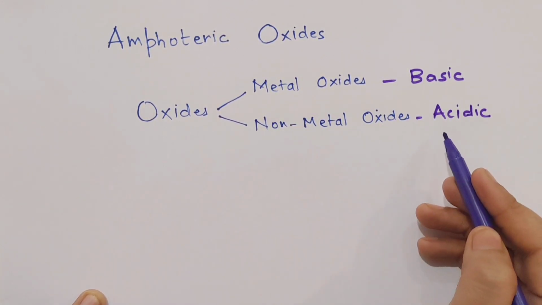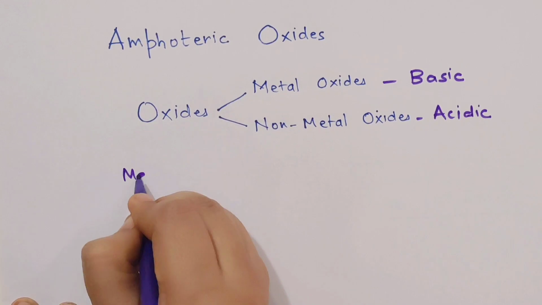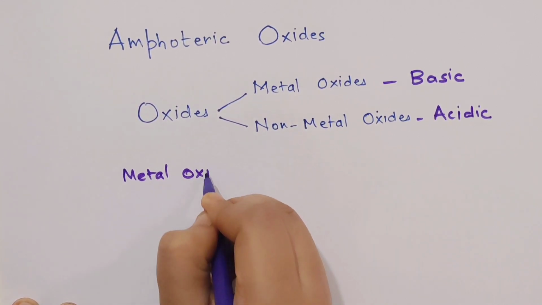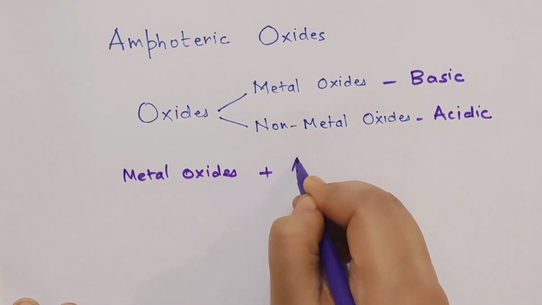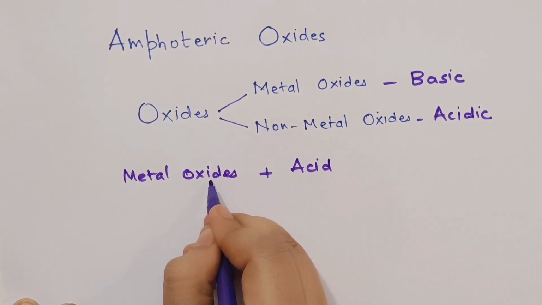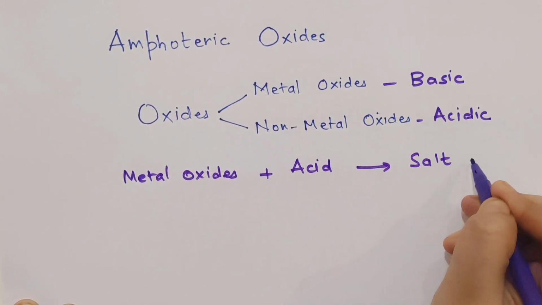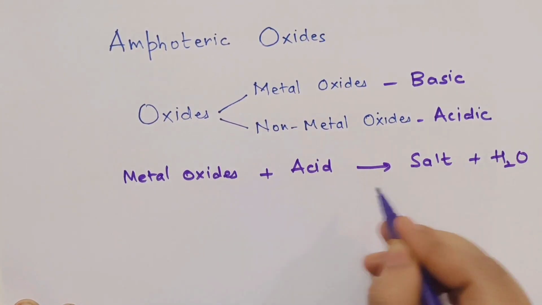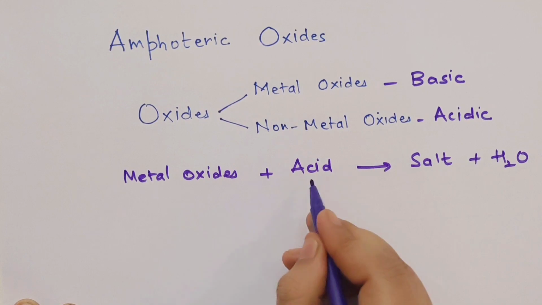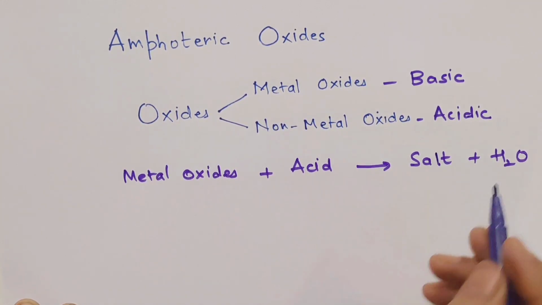These are the generalizations. So that means if metal oxides were to react with acids, since metal oxides are base, they would give you salt and water. Common neutralization reaction. When base reacts with acid, it gives salt and water.